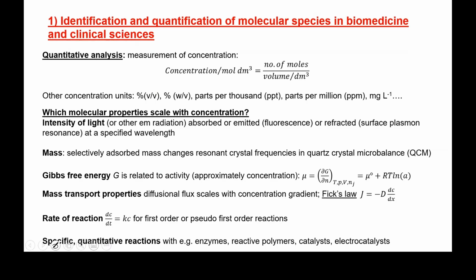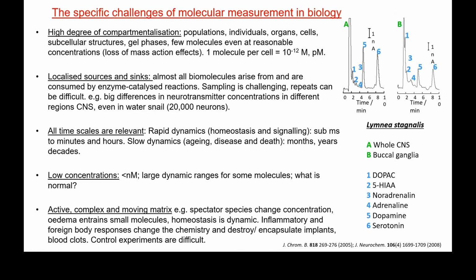And then we can also consider specific quantitative reactions that our target is engaged in, such as reactions with enzymes, where we've had millions of years of evolution to get the selectivity, which we can then tart up a little bit more by doing some molecular engineering, or some sort of reactive polymers of some description, catalysts of one sort or another, and electrocatalysts. And I think I'm going to give some examples of these.